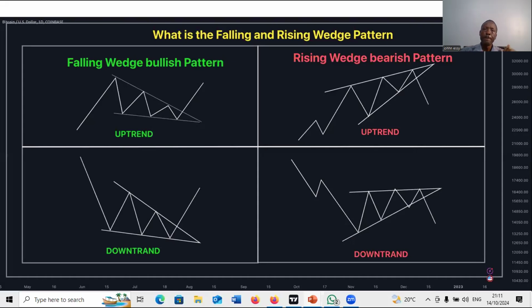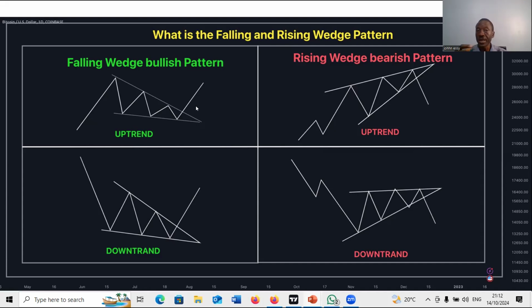In the two cases, you'll find that they will reach a point where we will have a breakout, like what Paul explained clearly: a breakout is a point where the candles get out of the pattern. At that point, we will have a breakout, and then right above that breakout candle, we will get another candle.